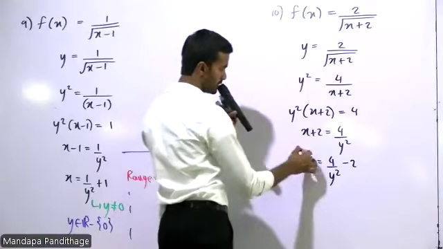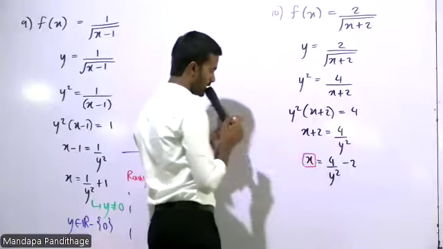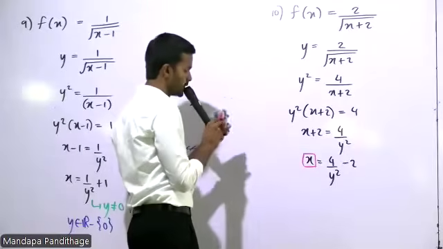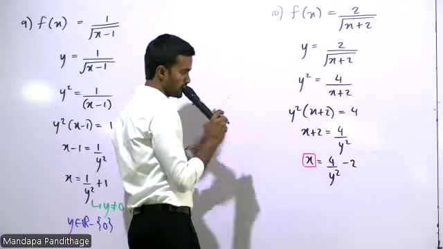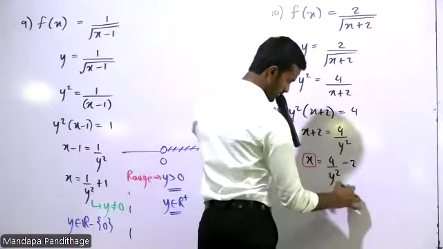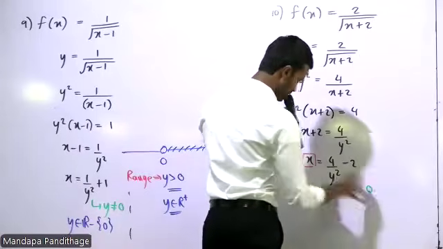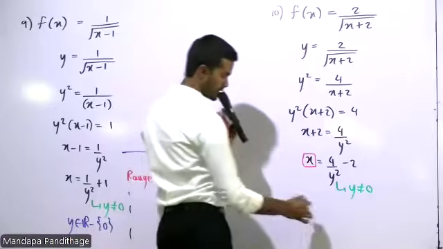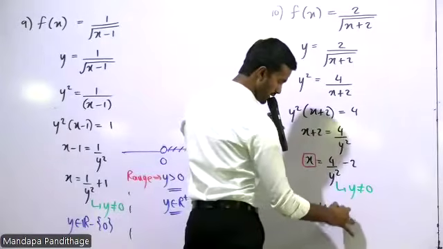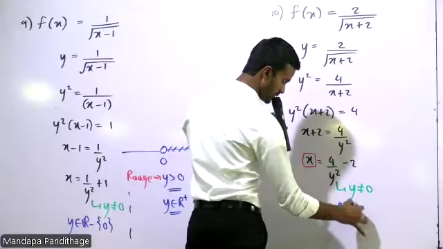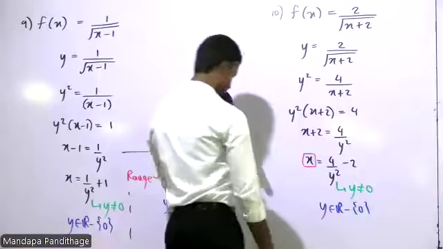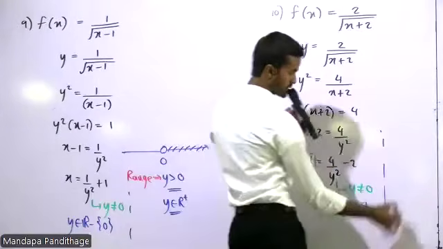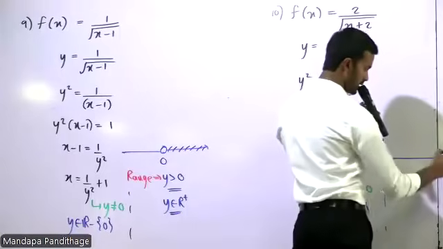Now according to the normal way, the only thing that I get is y can't be equal to 0. y can't be equal to 0. So the normal range we write is that y can be any real number but it can't be 0. But I told you this is wrong because we only have to consider the positive side.